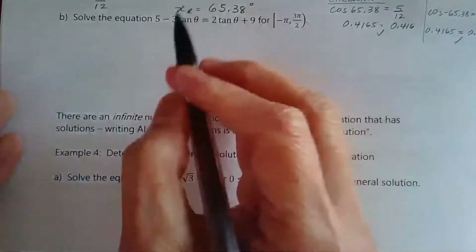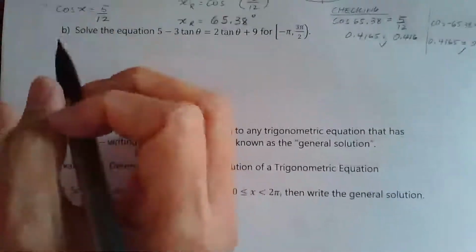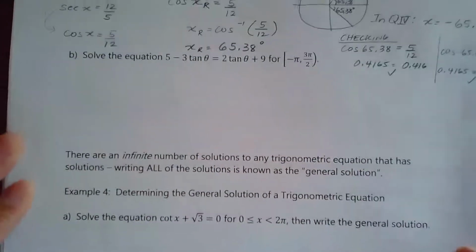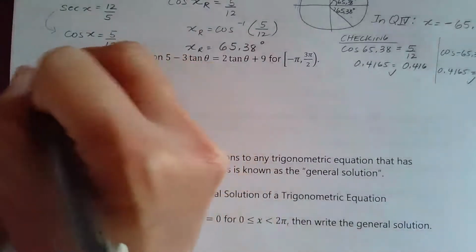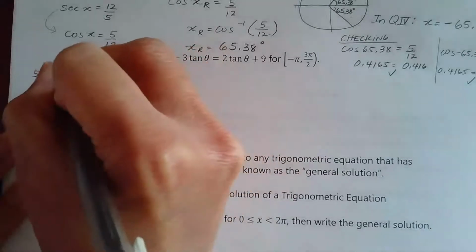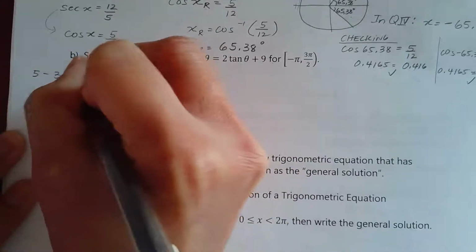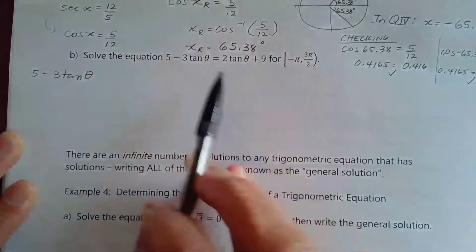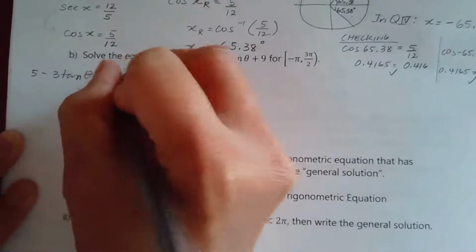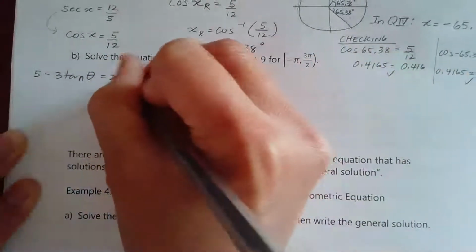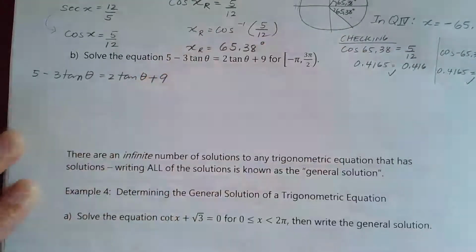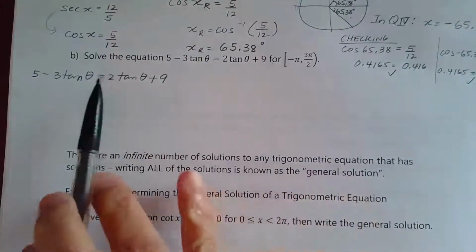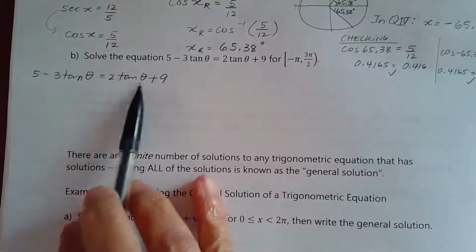So here we go. 5 minus 3 tan theta equals 2 tan theta plus 9. So we have to find our angle theta.